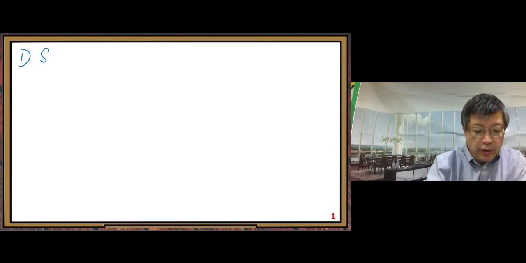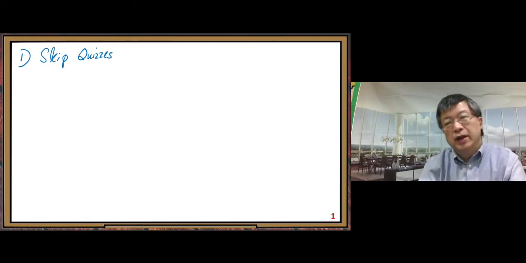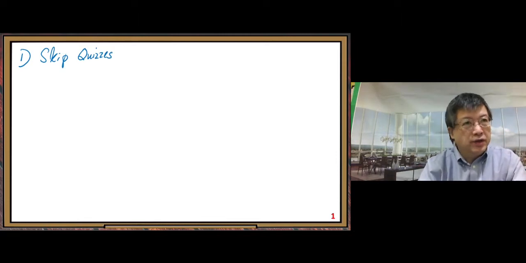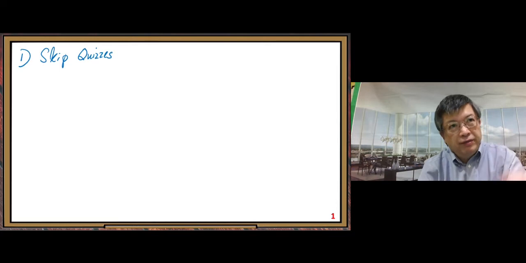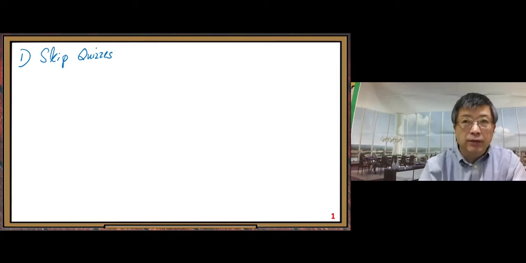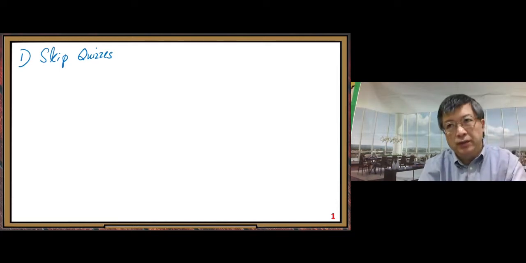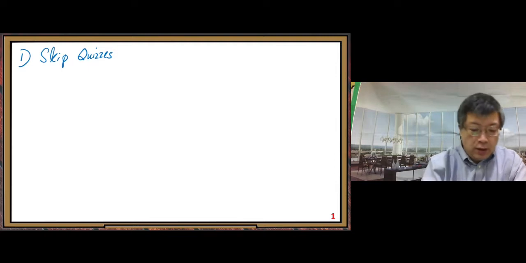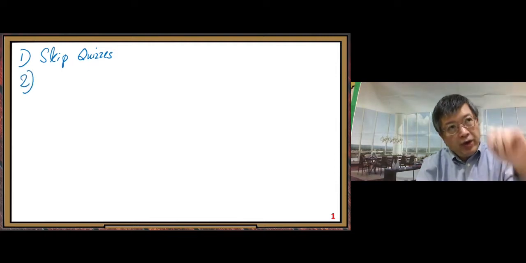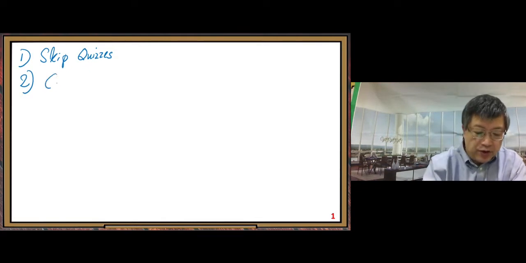First, we will skip quizzes because we already have many questions. To save us a little time, we just skip the quizzes. Second, for the comprehension questions, we have this many.